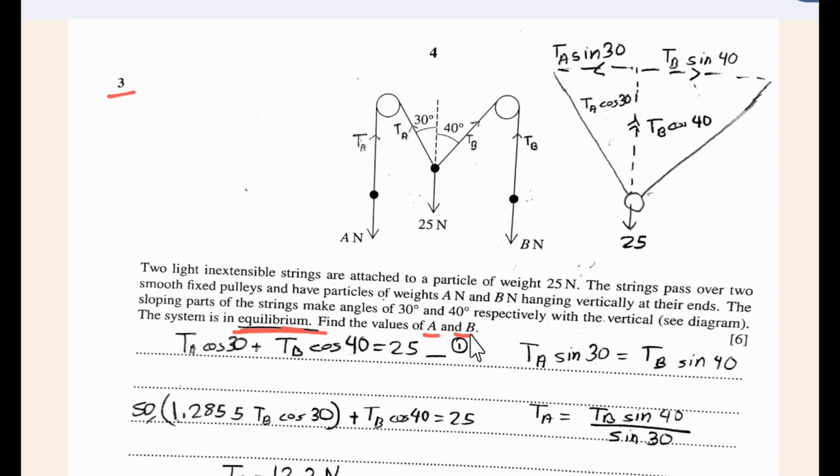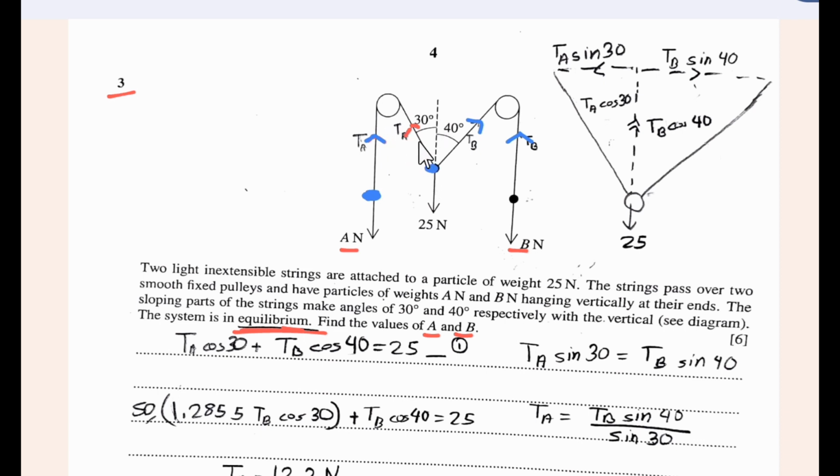So we need to find the values of A and B. Since there is no friction or other forces acting and it is the same string, the tension in this part is the same as the tension in this part, and also the tension at this part is the same as the tension at this part. The tension force always acts in the direction opposite to the object, towards the pulley.